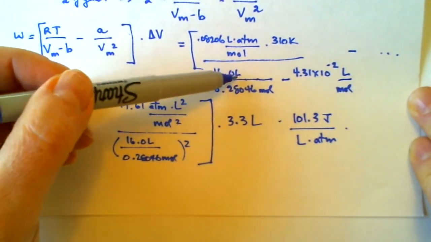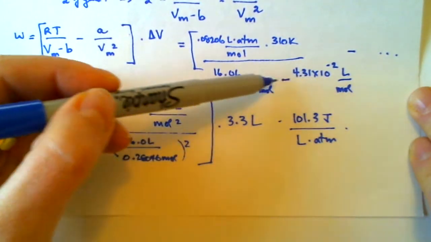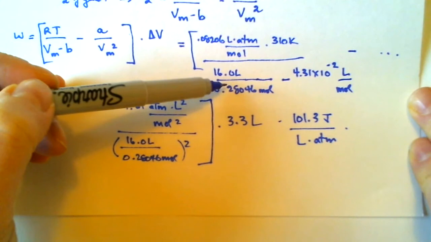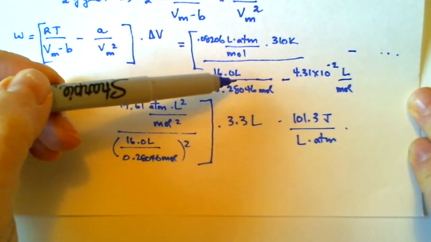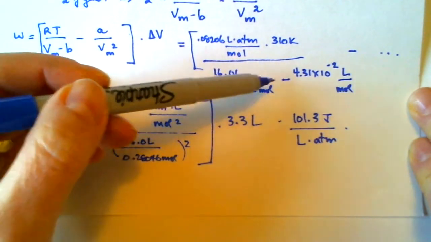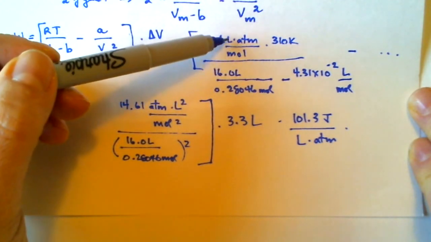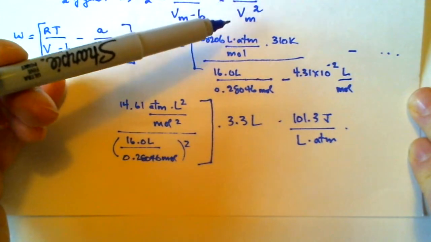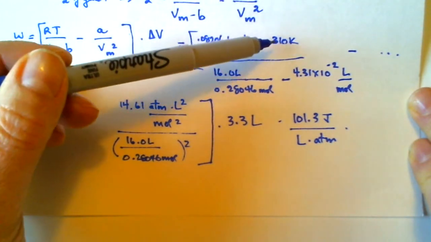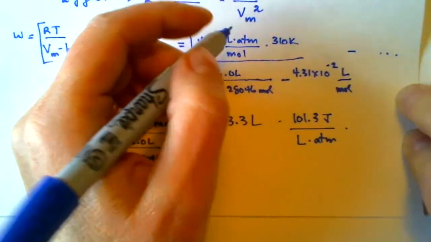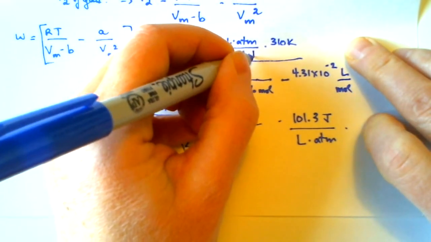I have liters per mole, and that'll go out like that, and I'll have atmosphere and Kelvin. Look, liter atmosphere per mole Kelvin.